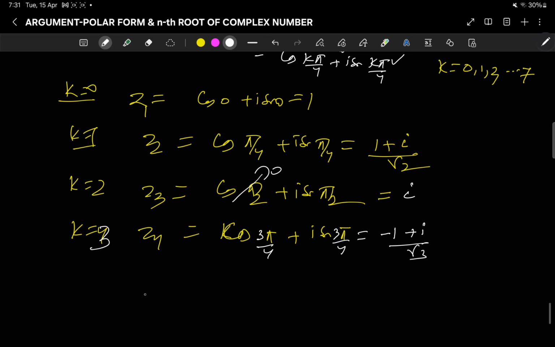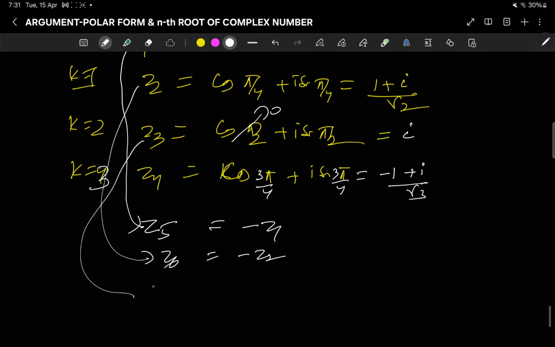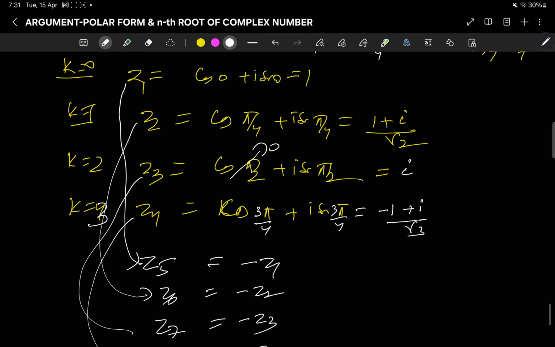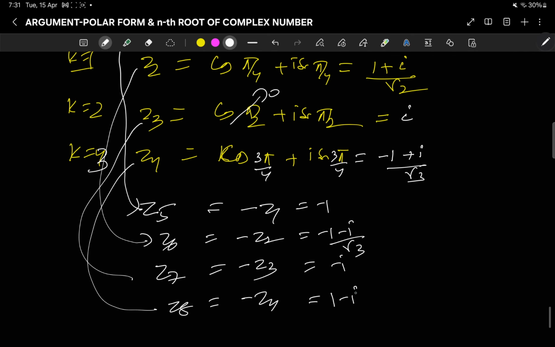and sequentially here z5 will be the negative of z1, then z6 will be the negative of z2, and z7 will be the negative of z3, and z8 will be the negative of z4. So this is equal to minus 1, this is minus 1 minus i by root 2, this is minus i, and this is 1 minus i by root 2.